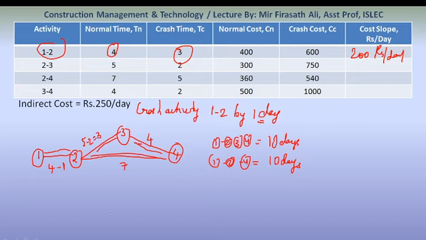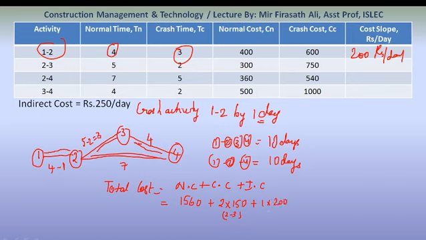Okay, so the total cost is normal cost plus crash cost plus indirect cost. What is the normal cost? 1560, plus crash cost. Now look over here. Earlier we crashed this activity for 2 days, 2 into 150, this is for activity 2 to 3, plus now we have crashed activity 1 to 2 for 1 day, 1 into the cost slope of 200.